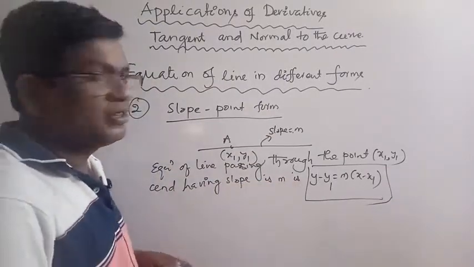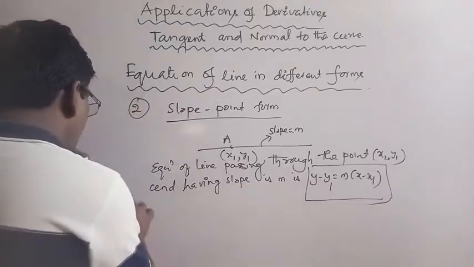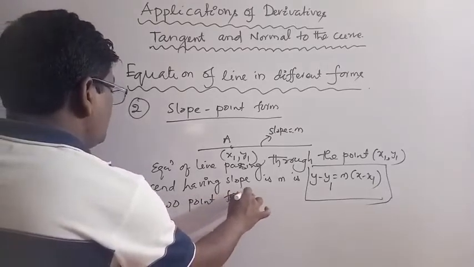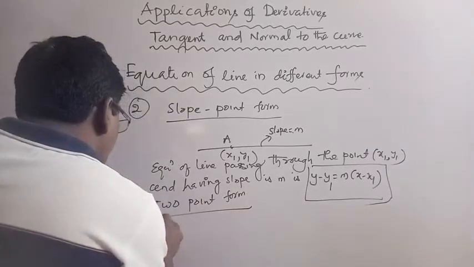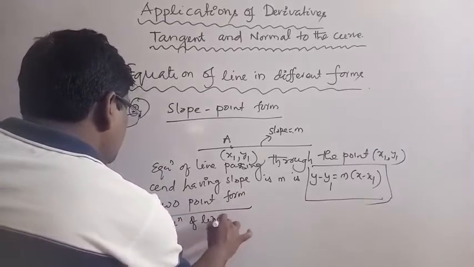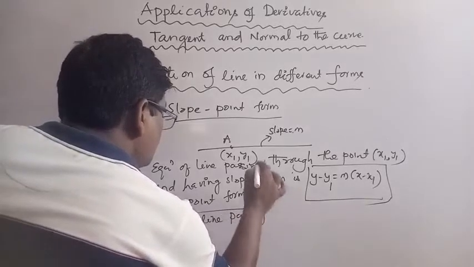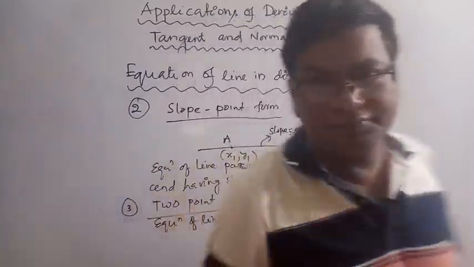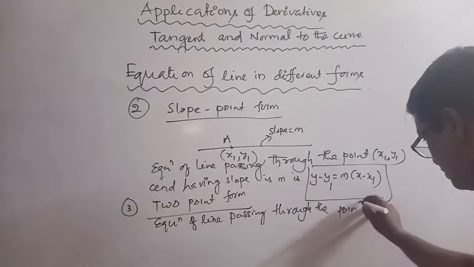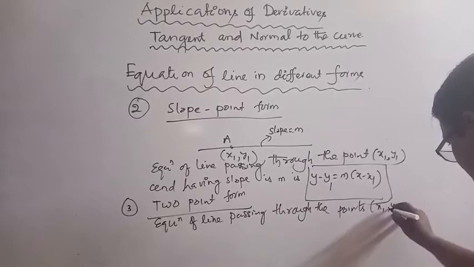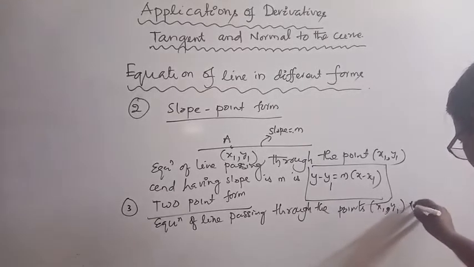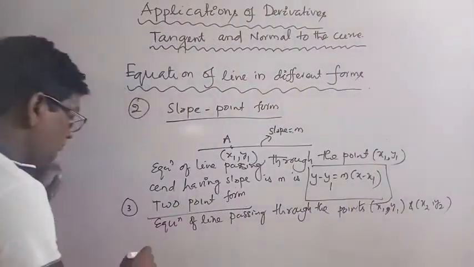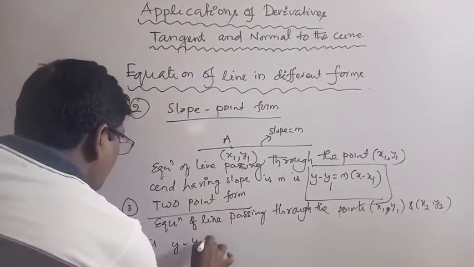Now another method, that is 2-point form. Equation of line passing through the points x1, y1 and x2, y2 is y minus y1 is equal to m into x minus x1.